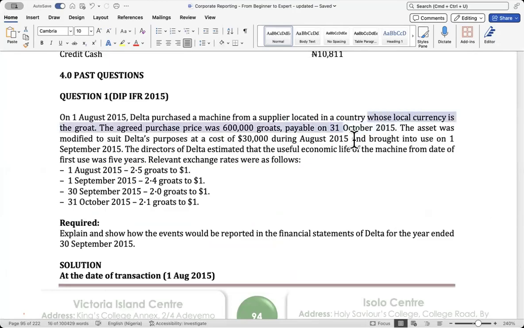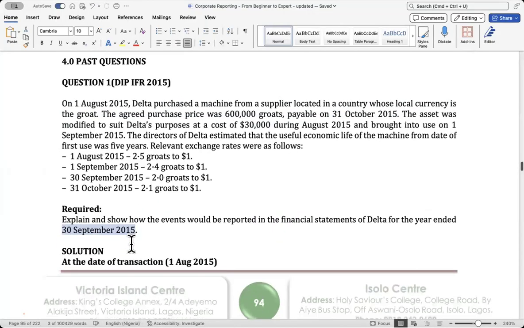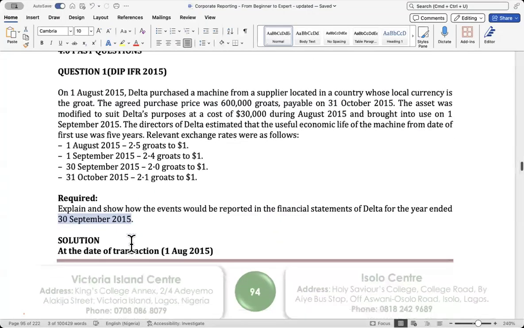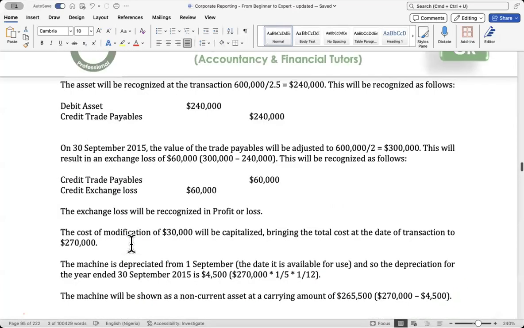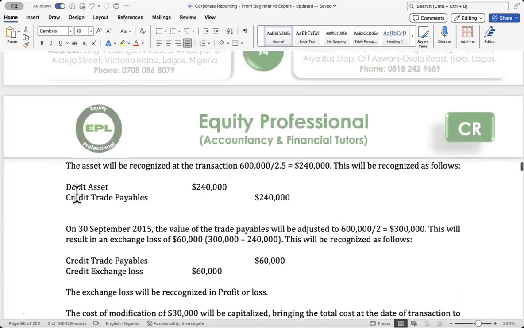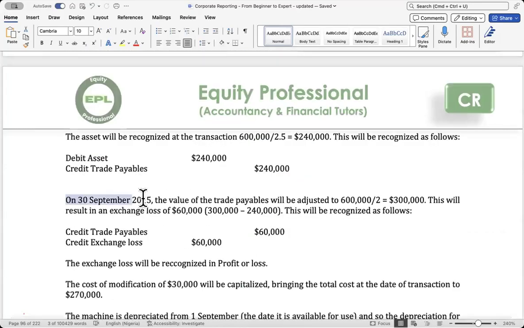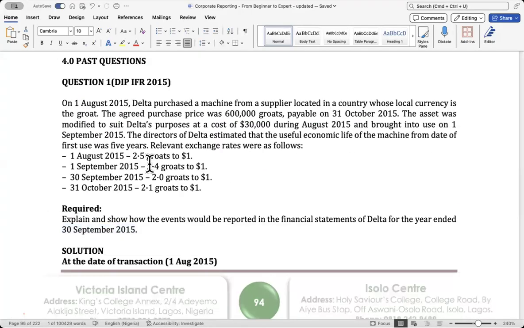Now, when October comes, hold on. Our year end is September. So that means we need to prepare our accounts as at the year end, and that's all they are even asking. This one is straightforward. So as at September, our trade payables will need to be adjusted, because as of September, we are going to translate this at the closing rate.